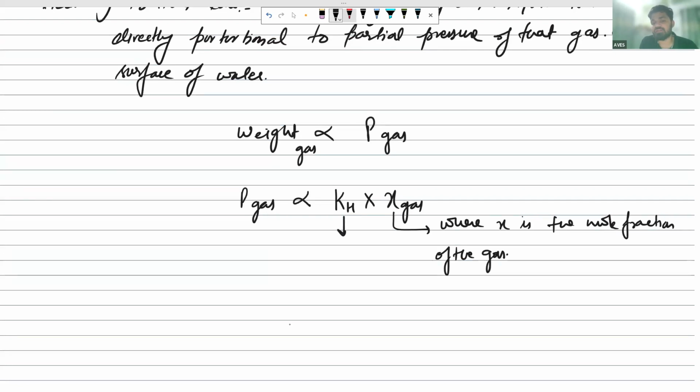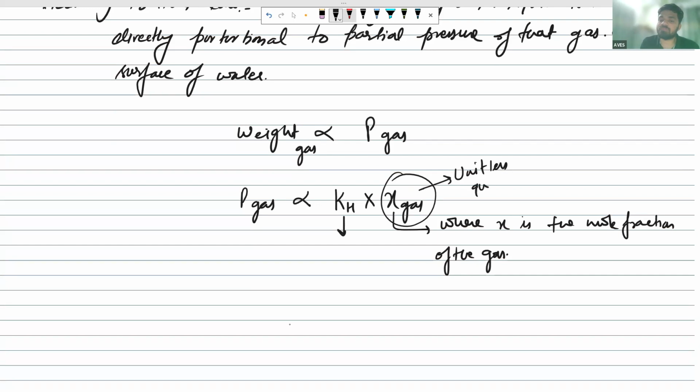Mole fraction does not have any unit because it is the number of moles divided by the number of moles, so the moles cancel out. It is a unitless quantity.